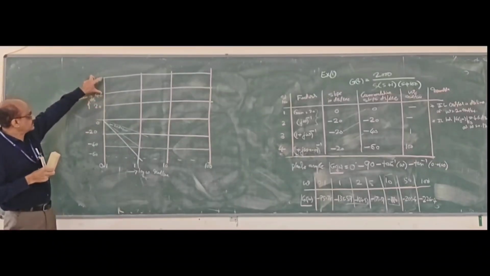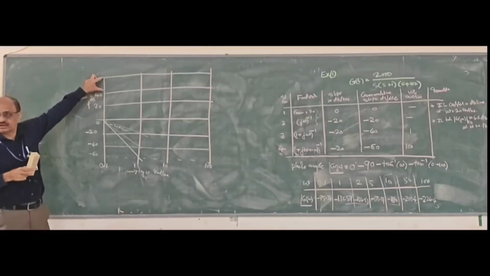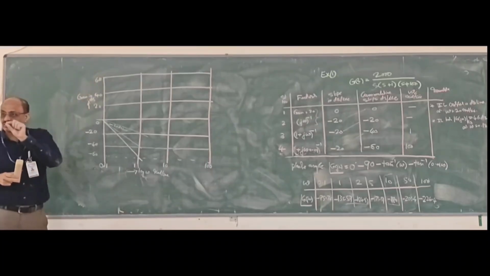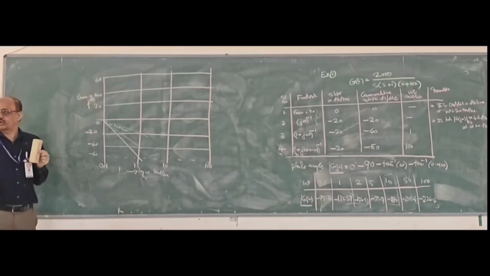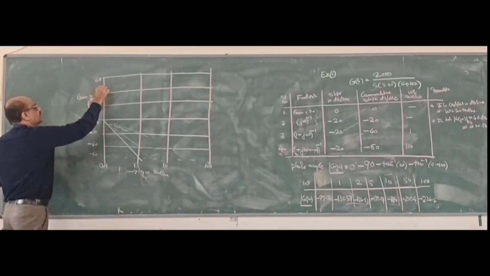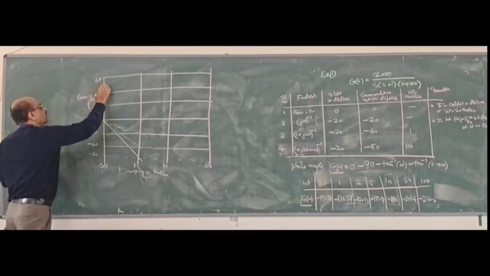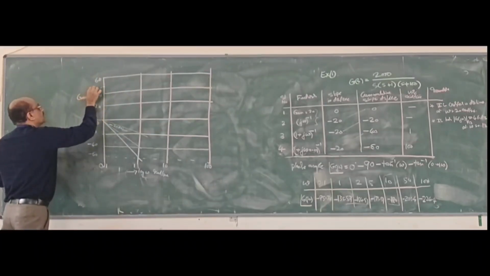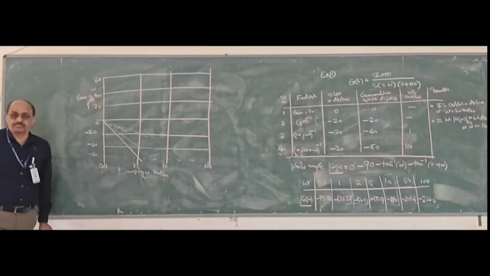Between these, 10 divisions are there, each equal to 2. So then you can easily count. This is 40, then 2, 3 divisions. So mark that one. So this is your 46 dB. You can mark that as 46 dB.